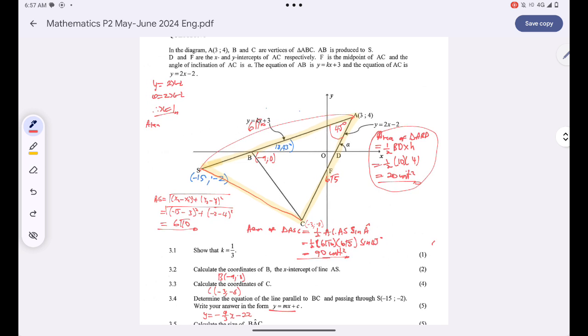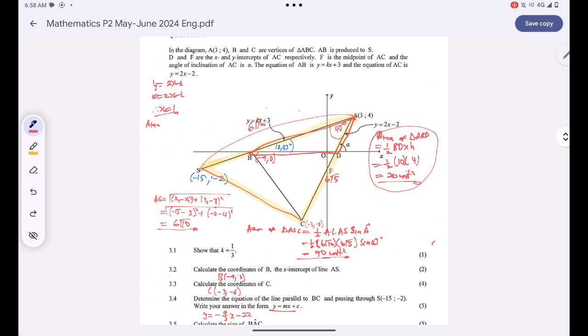Firstly, guys, I found the area of this small triangle, the area of triangle ABD. How did I do that? The first thing I calculated was the x-intercept. Then I found out x is equal to 1, and then I calculated the length of my base: 1 minus a negative 9 gives me a horizontal distance of 10, and my perpendicular height will just be the y value over there.